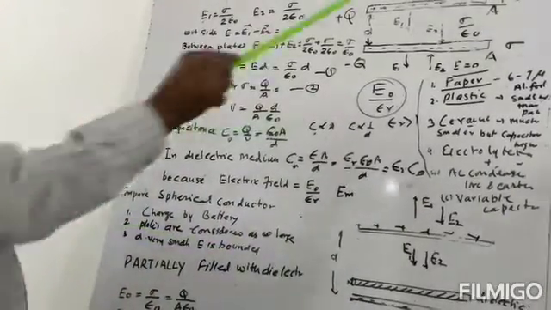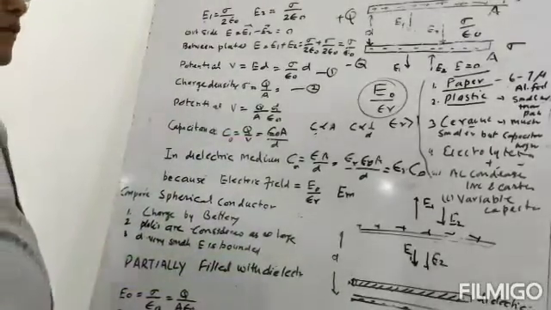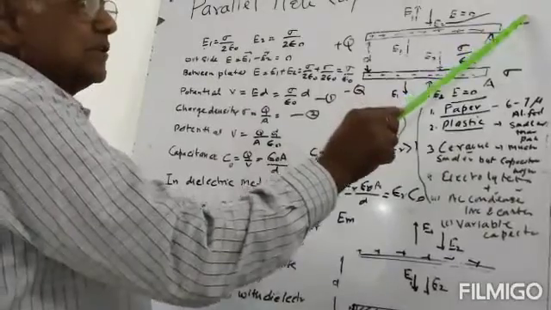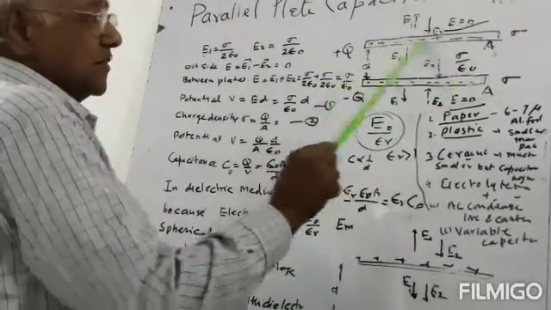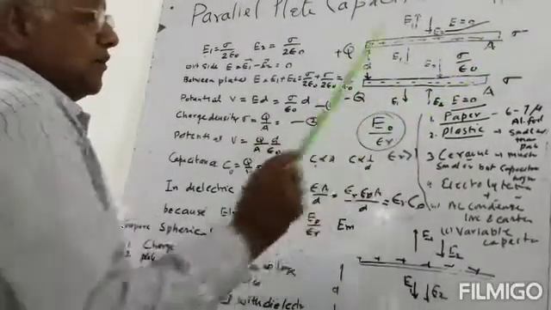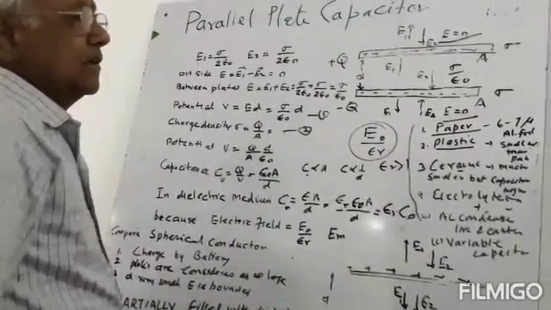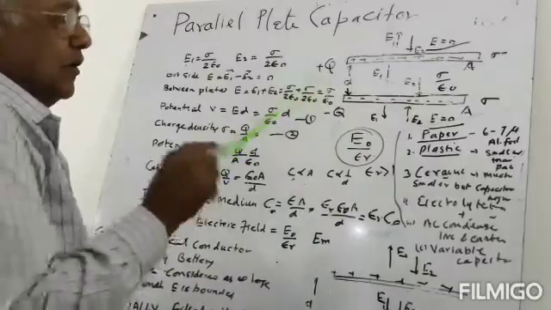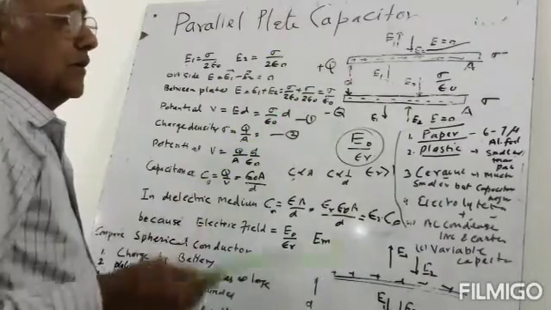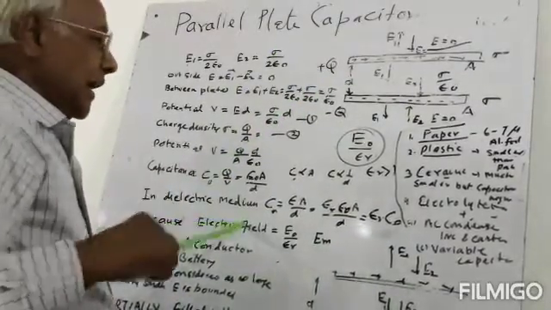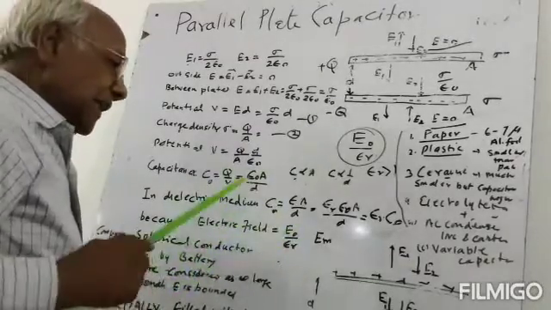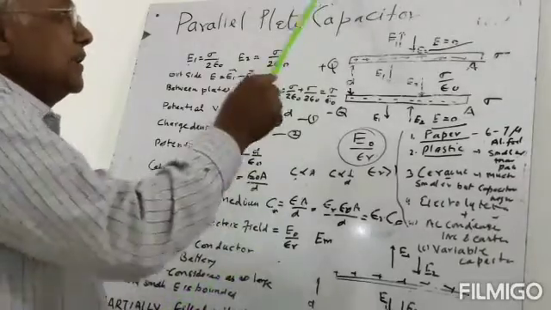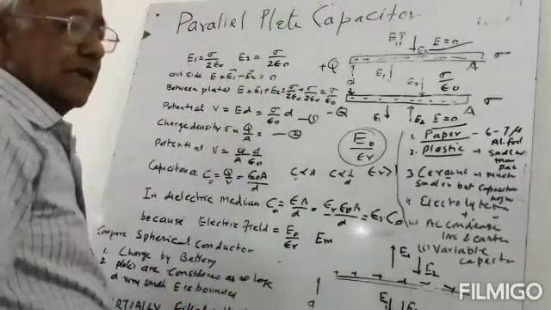Now we have considered that the plates are infinitely large charge sheets. How can we say that the charge sheet is an infinite plate? Suppose you are standing near the board and seeing very close to the board, then you will see that the end of this board will touch the sky.